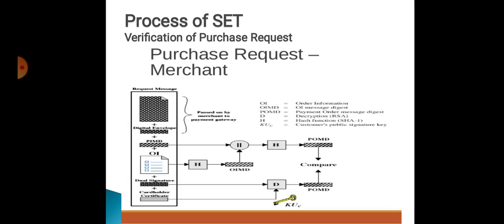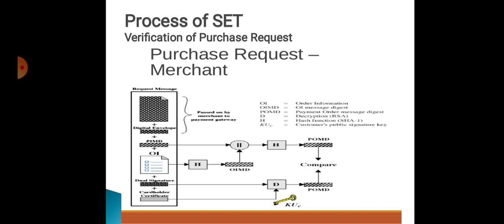Okay, this is the purchase request. Now the verification: the request is received from the bank and processed. The request message is passed, one by one, from the merchant to the payment gateway. This is the hash function, the results are concatenated, and then the hash function is applied again.